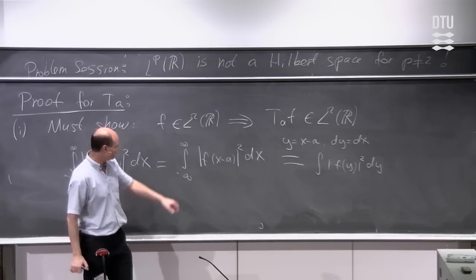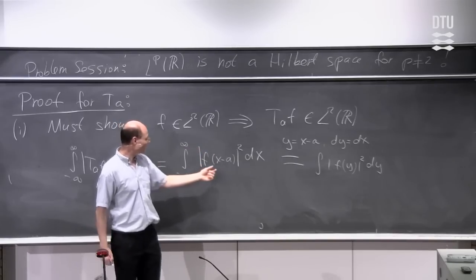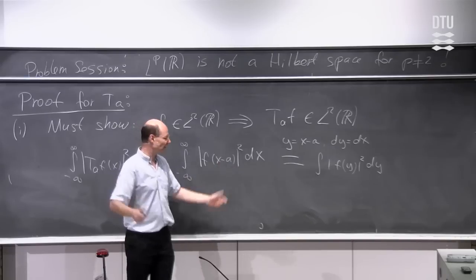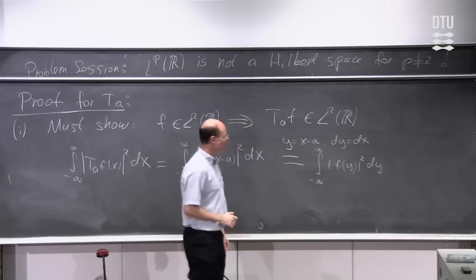And the limits are still the same, because if x runs from minus infinity to plus infinity, then also x minus a will run from minus infinity to plus infinity. So the limit is still the same, minus infinity to infinity.